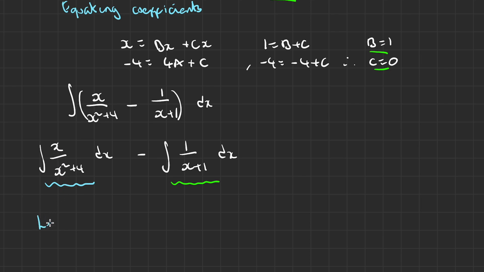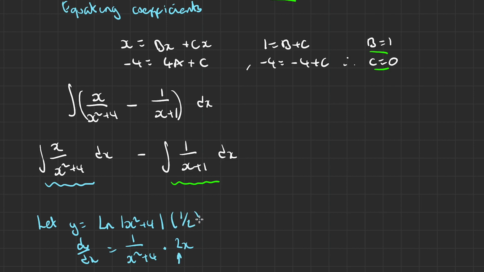So if we let y equal the natural log of x squared plus 4, dy by dx will be 1 over x squared plus 4 multiplied by the derivative of this inner function, multiplied by 2x. So our integral will need to cancel out this 2, so we'll multiply it by 1/2.